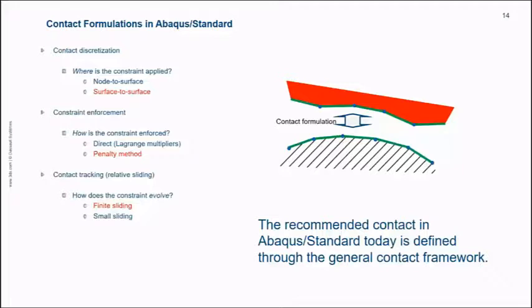So finite sliding is in red because that is the algorithm which would tend to work in every case, whereas small sliding would fail miserably if you tried to use it in a finite sliding application.